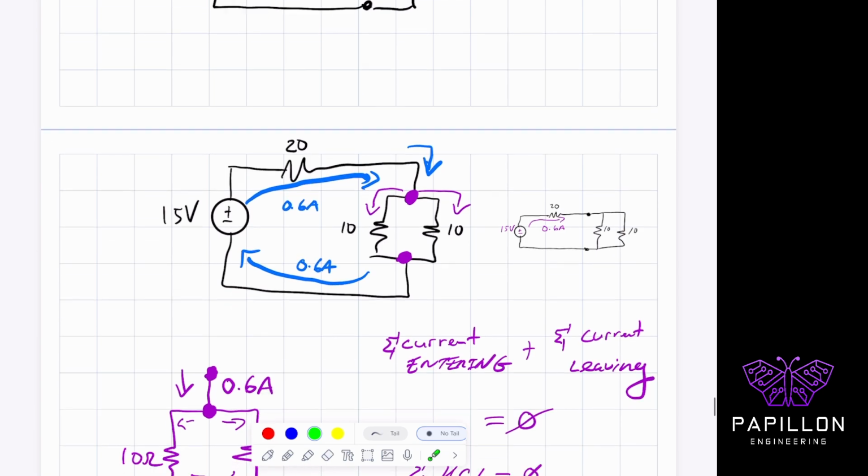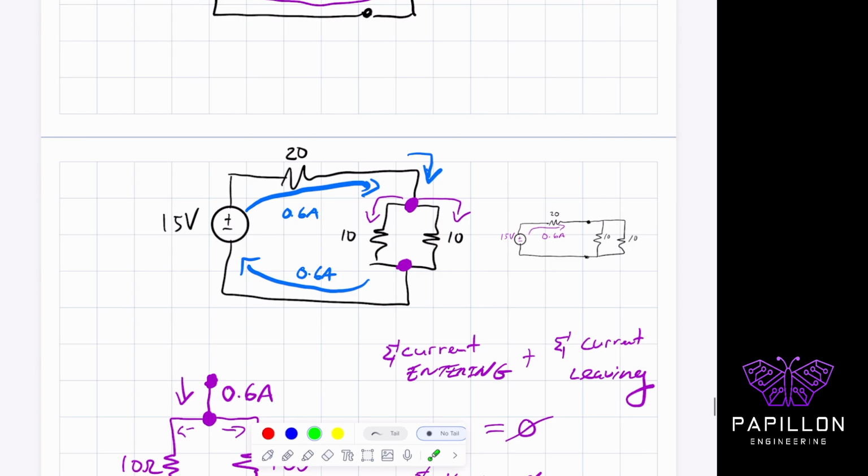And again, we can give it a sign convention. We can say that the ones that are entering the node are a negative value, and those that are leaving are a positive value.